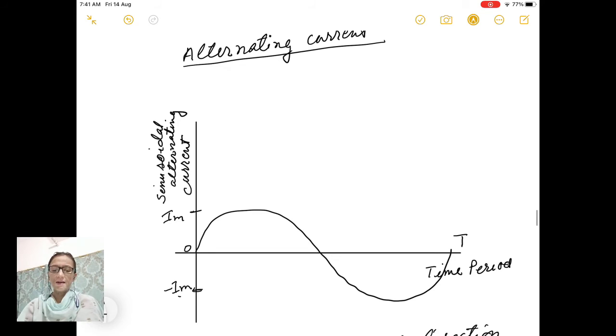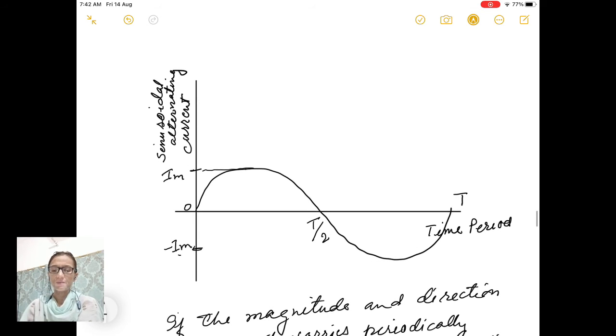So alternating current, you can see that in half time period, the current is increasing from 0 to a highest value, the current amplitude, and then it becomes 0 in the first half time period, and then it reverses direction.